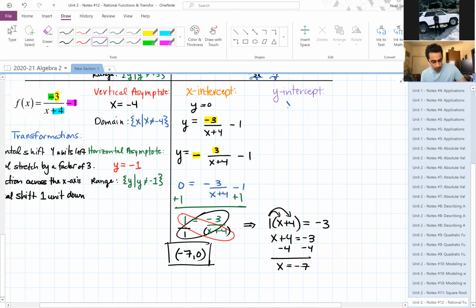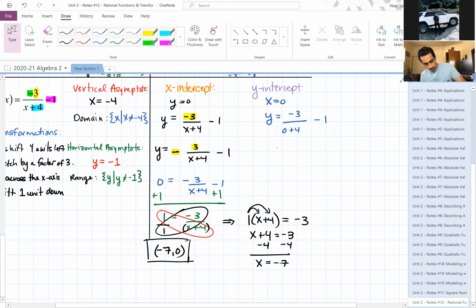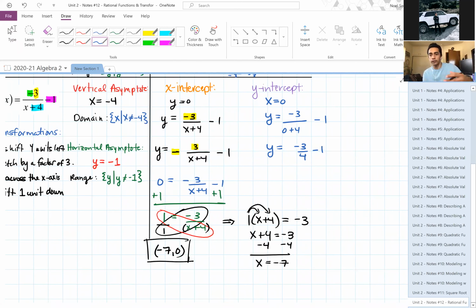All right, and then the y-intercept real quick. This one means we're going to set x equal to 0. So we have y equal to -3 over 0 plus 4, minus 1. That gives us y equal to -3 over 4 minus 1. Once again, you cannot just subtract 1 from -3 over 4, because you need a common denominator. The denominators 4 and 1 are different, so you have to multiply one of the fractions by a number to get the same denominator.